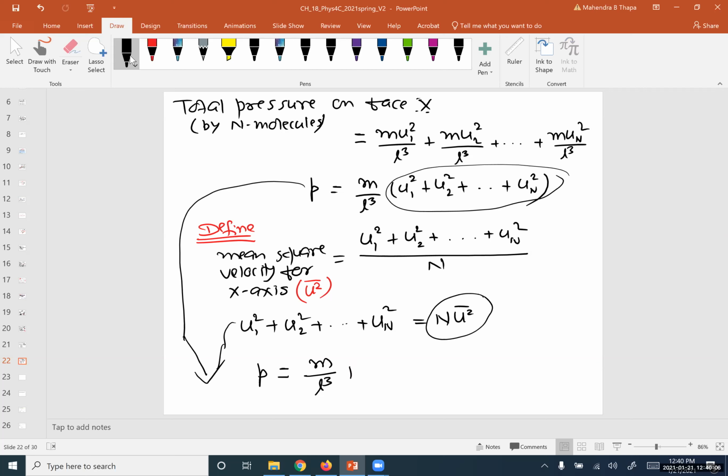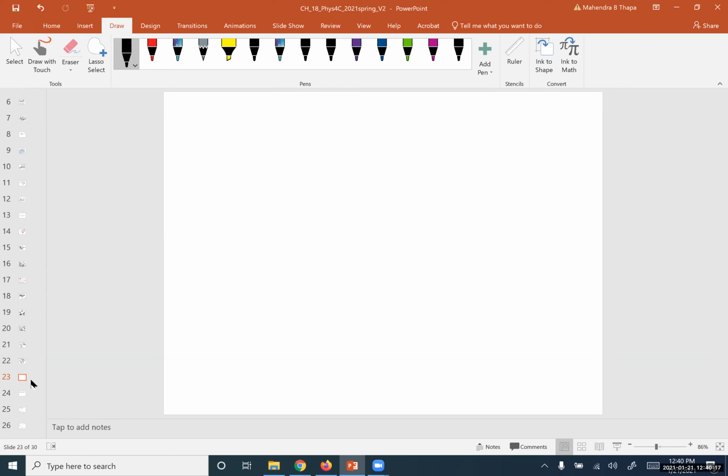This is n u squared bar. In a similar way, we can define other mean square velocities. Similarly, by doing the same approach, we can define u squared bar, mean square velocities, v squared bar, w squared bar.